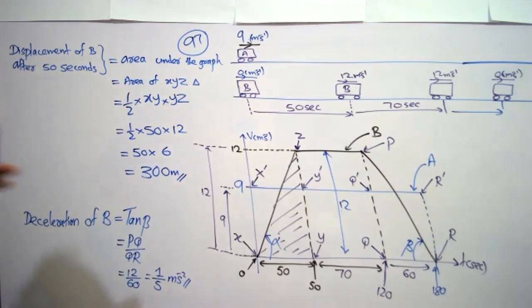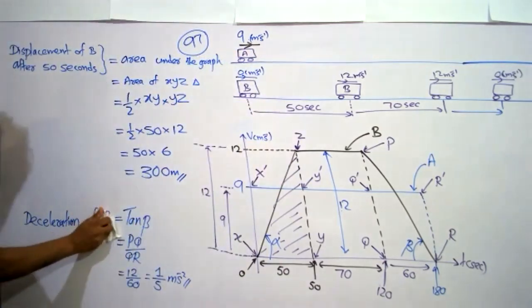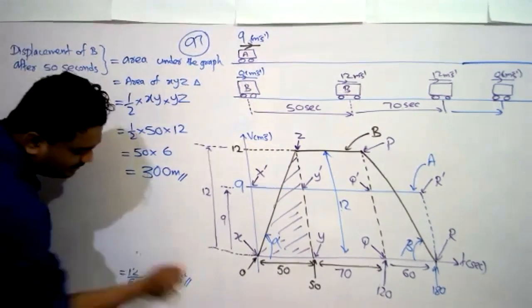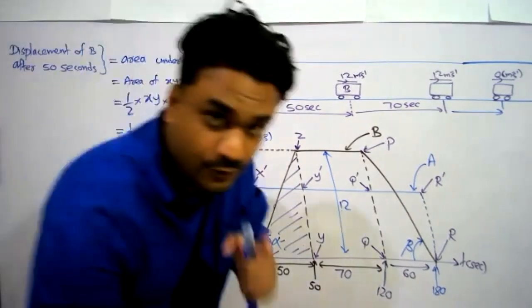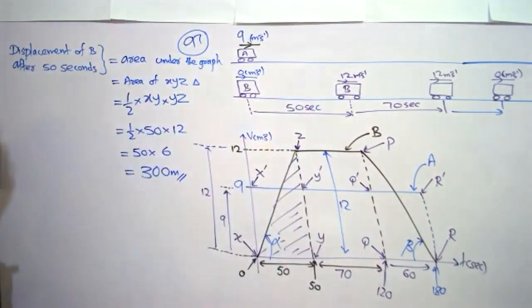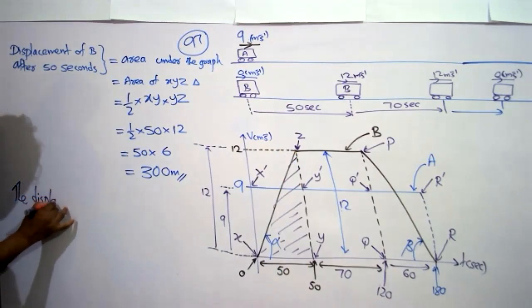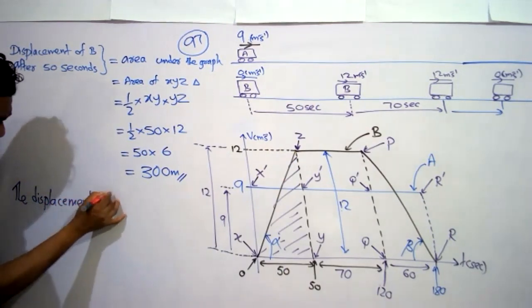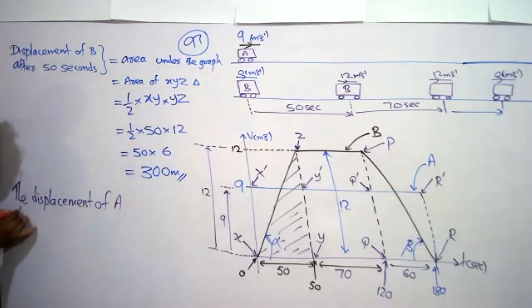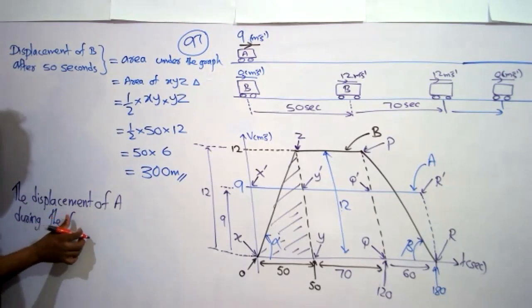Now I want to do the same thing to vehicle A. Can you all try to find the displacement of A during the first 50 seconds?